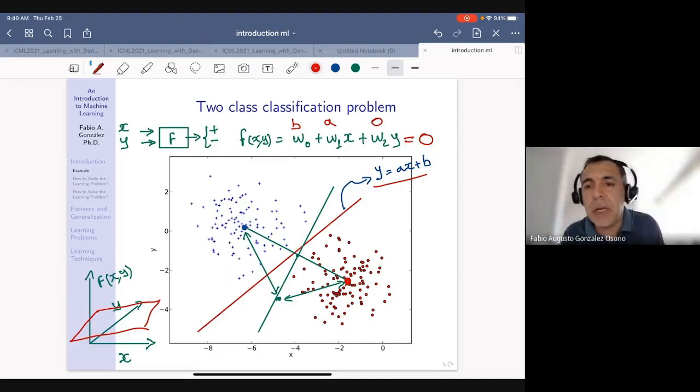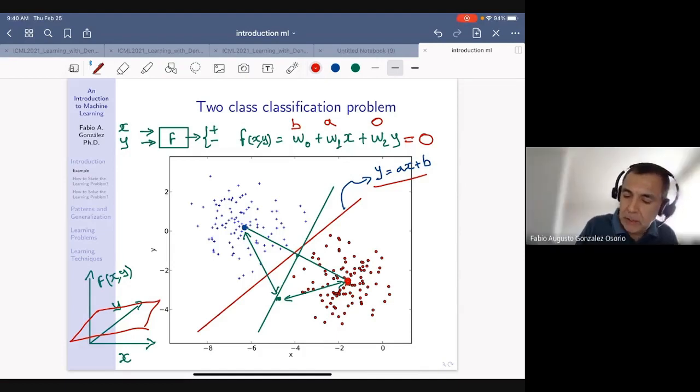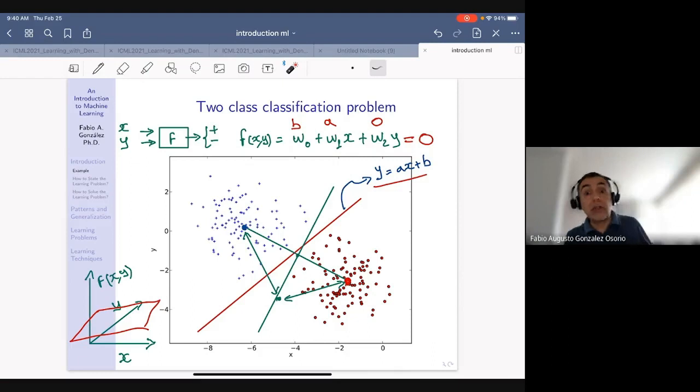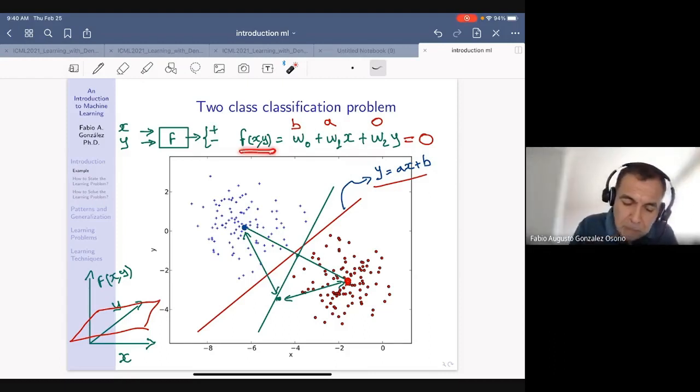There is something very important in what Juan Sebastián is saying here: the boundary is given by the values where this function evaluates to 0. Implicitly, we didn't say that before, but we are saying it right now. When this function is positive, my prediction is positive. When this function is negative, my prediction is negative.